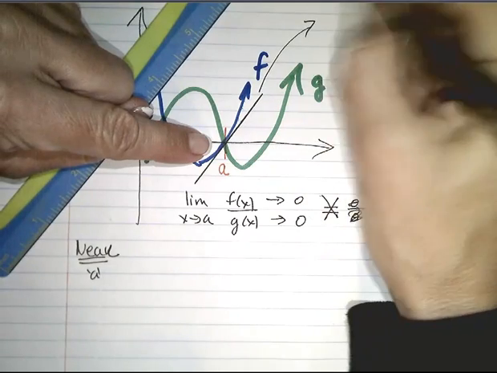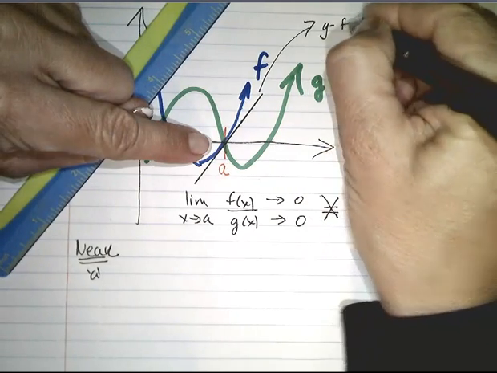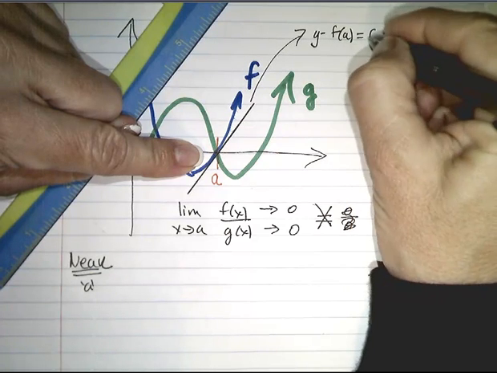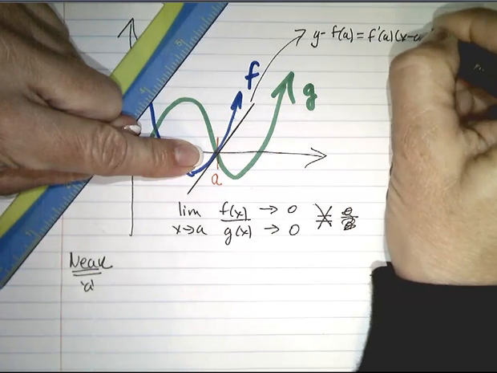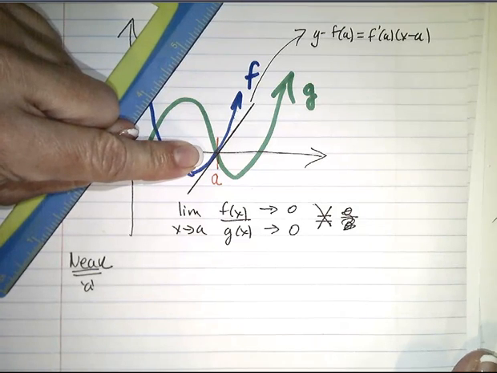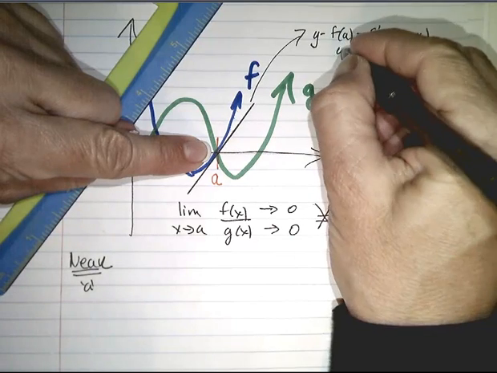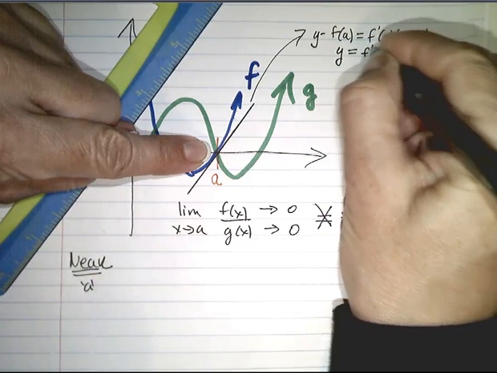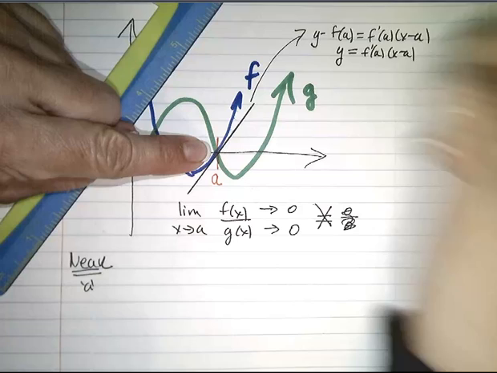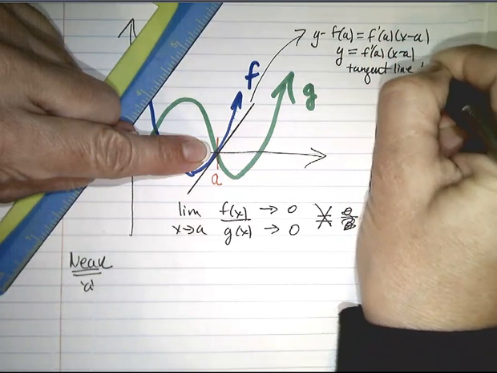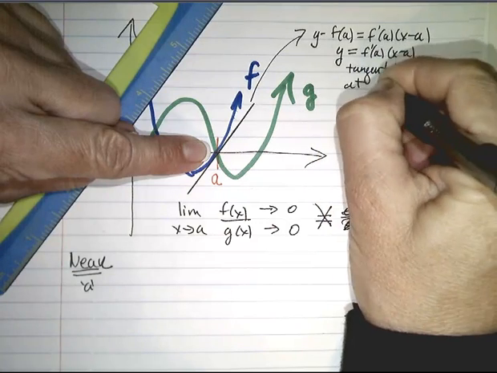And remember what that is: y minus f of a equals f prime of a times x minus a. That's the equation of the tangent line to f at a. And in this case, f of a is 0, so y equals f prime of a, x minus a. That's the tangent line to f at a.